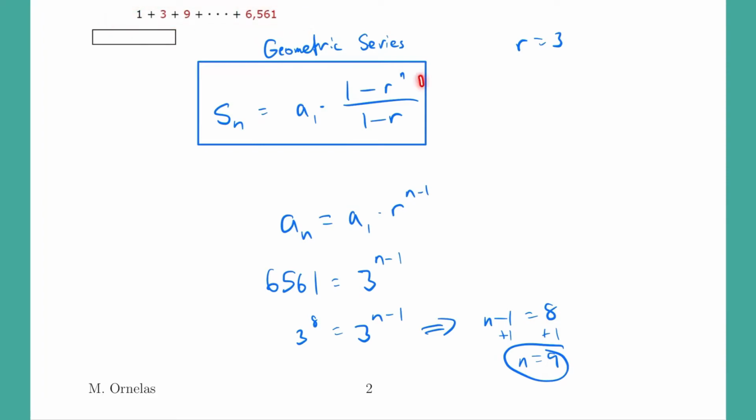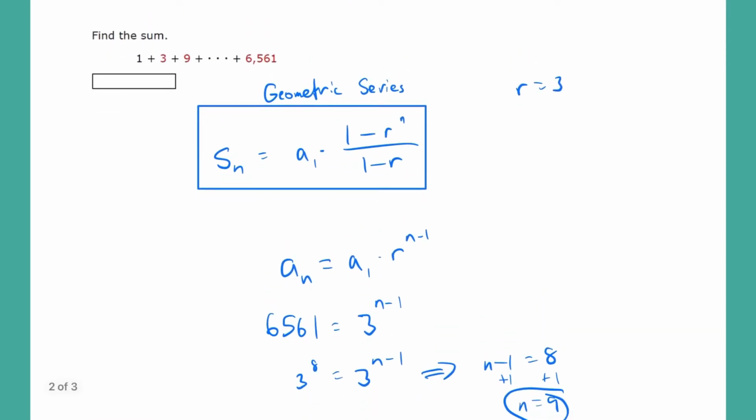And now we can substitute all the values into this formula to get the sum, this partial sum. All right, so S sub 9, since there's 9 terms, is equal to the first term times 1 minus 3 to the 9th power over 1 minus 3.